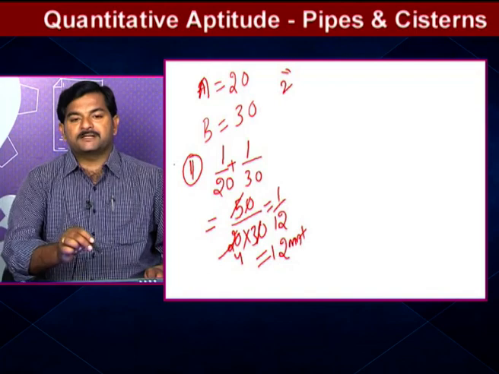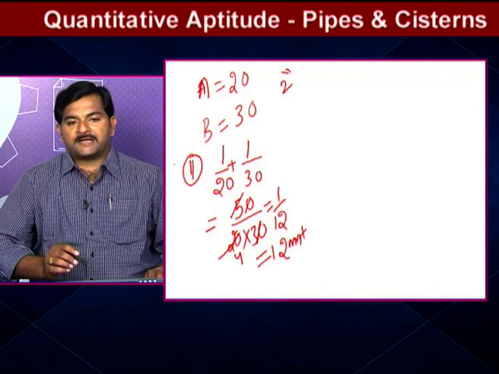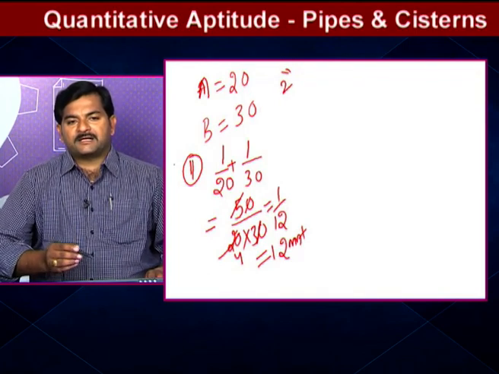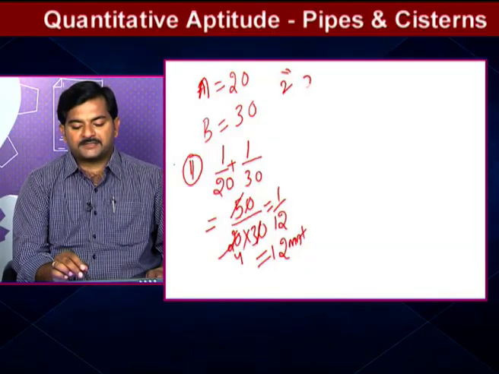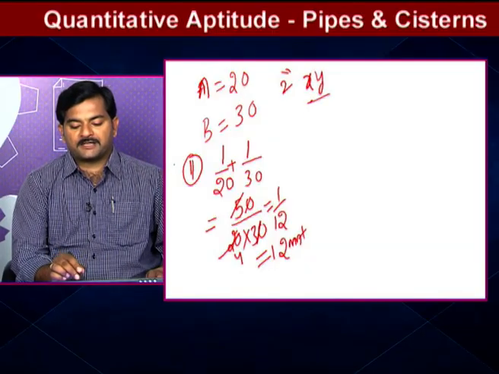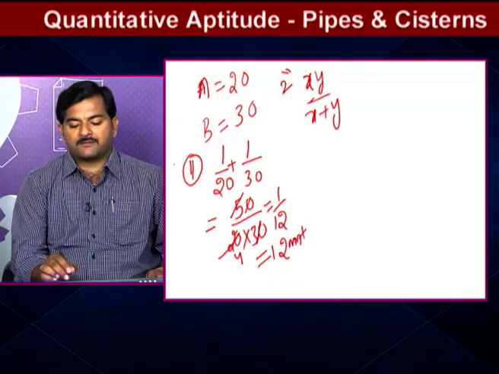This is one way of doing it. We have another method, the second type, which uses a basic formula: xy by x plus y. Here x equals 20 and y equals 30.